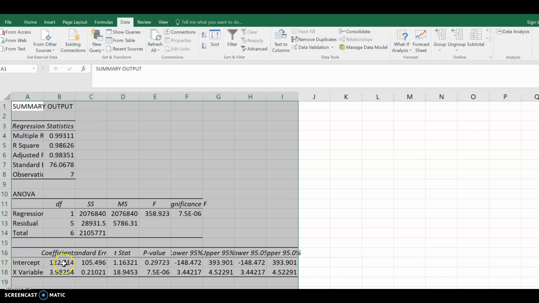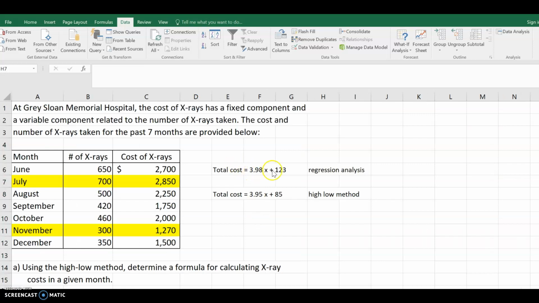The intercept, approximately 123, is our fixed cost. $3.98 is our variable cost per unit. So we can see our x-ray cost using regression analysis is $3.98 per unit plus 123. So we're more precise using regression analysis.